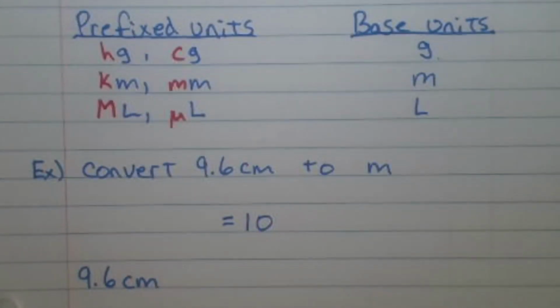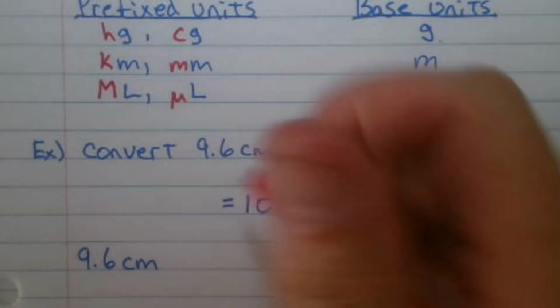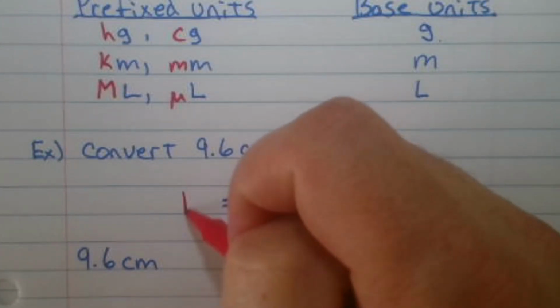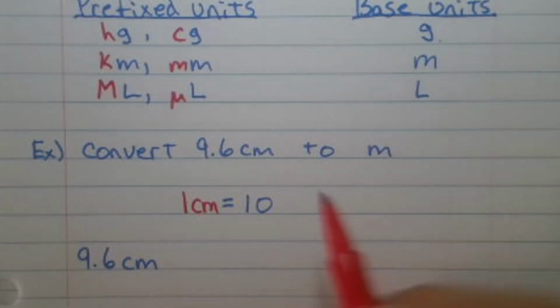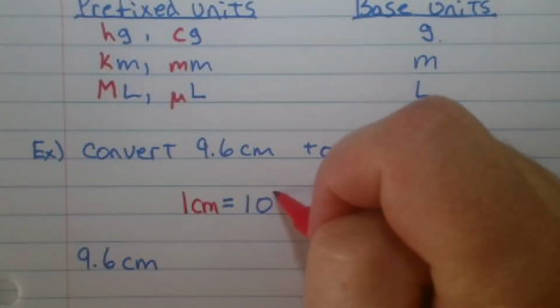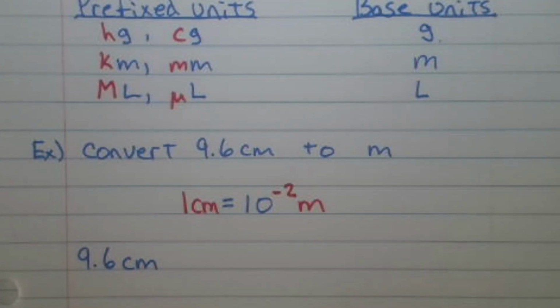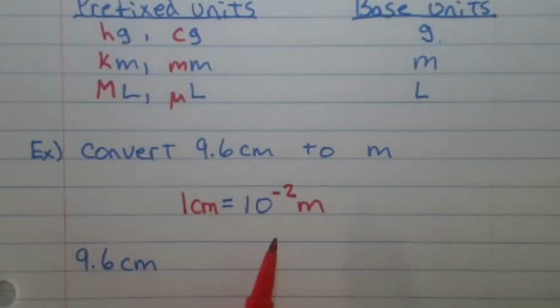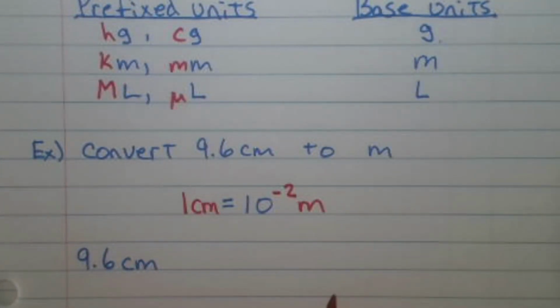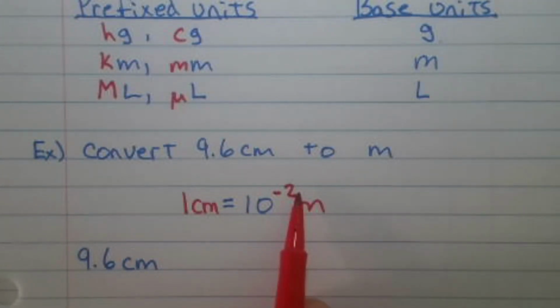I think it's a really good idea to write the conversion factor first. One mistake kids make often is they don't associate the base unit with scientific notation.